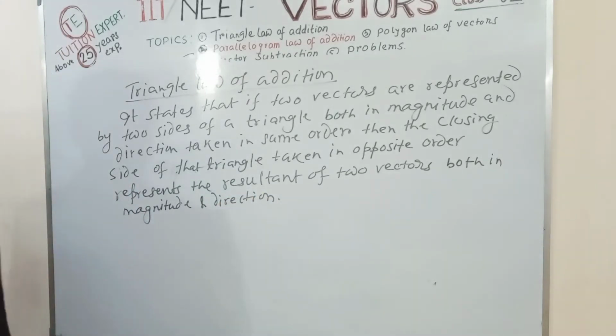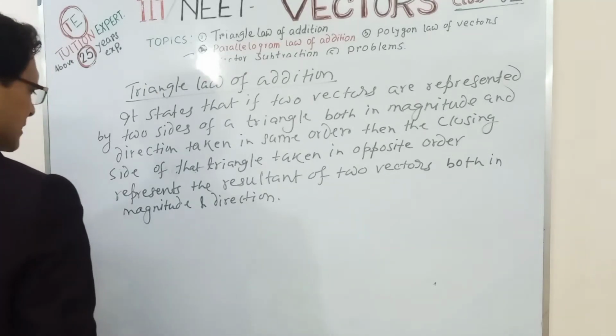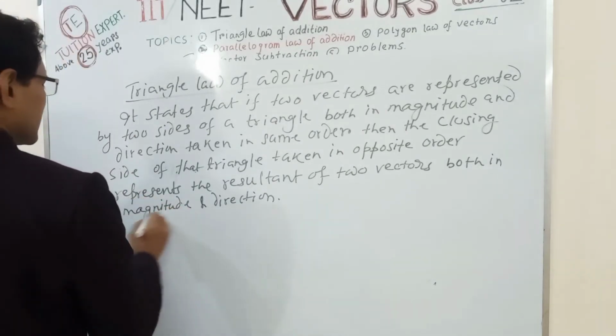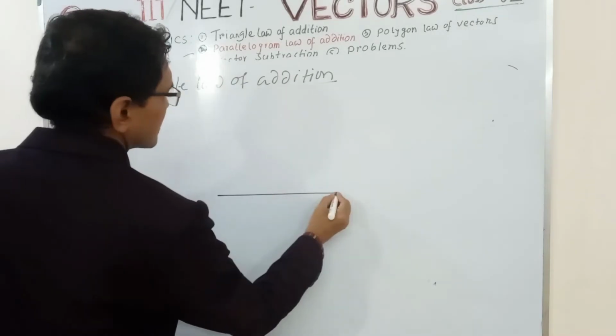The third side or closing side represents the resultant of the two vectors, both in magnitude and direction.